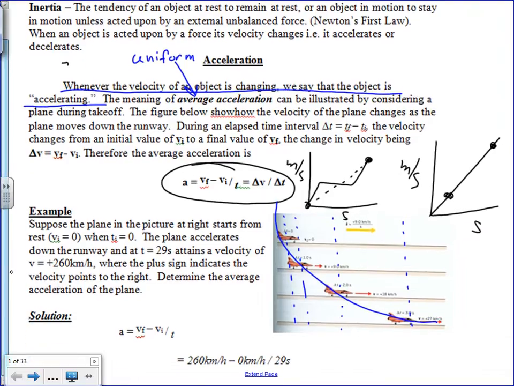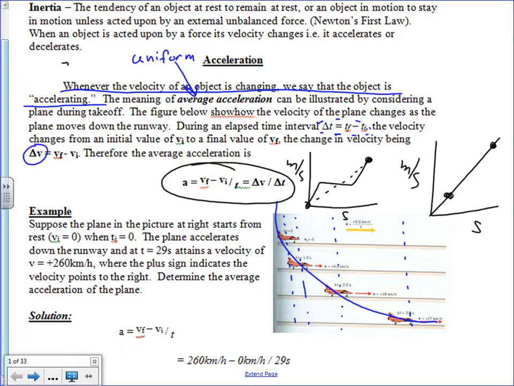Now remembering a couple of other things. Anytime you see delta, that means change. And anytime you see delta, you're going to be subtracting final minus initial. So whatever the delta is, it's final minus initial. We've got 2 deltas in this formula: the change in velocity divided by the change in time.